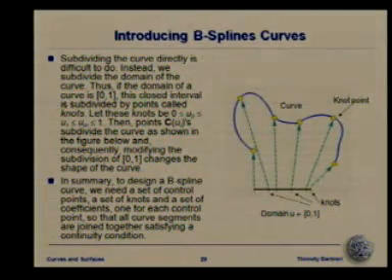So what I have to provide to my B-spline curve is a set of control points, like I did earlier, plus a set of knots, which is the list of subdivisions I want to make on the parameter domain. This is the basic idea of a B-spline curve.